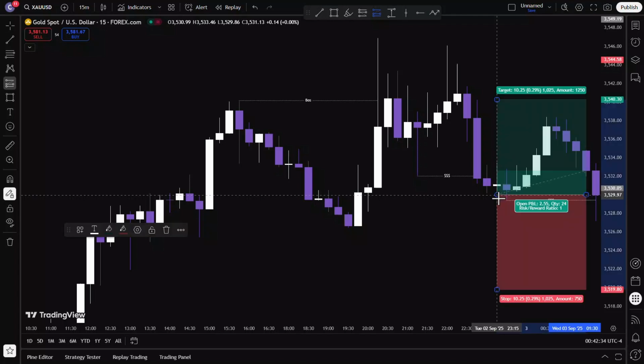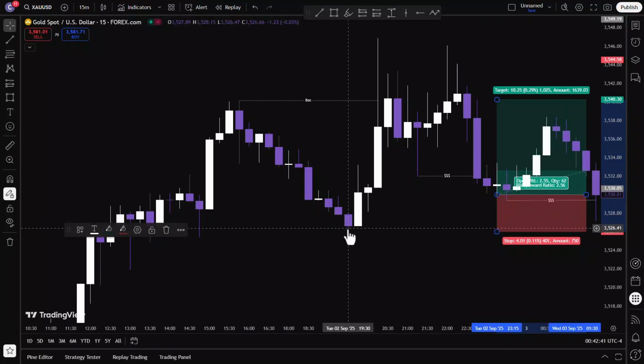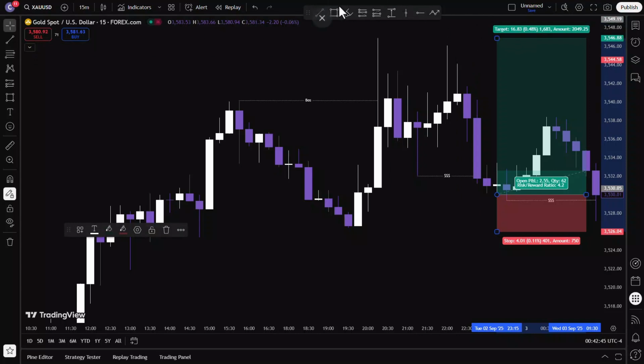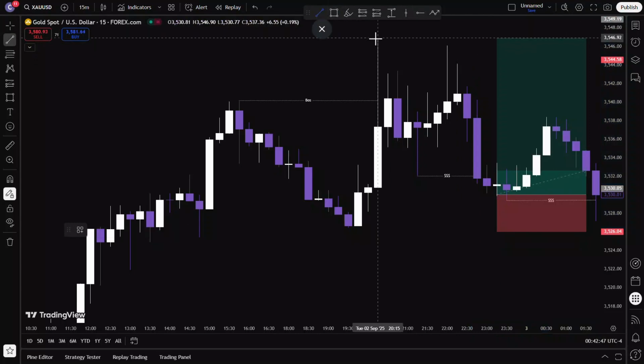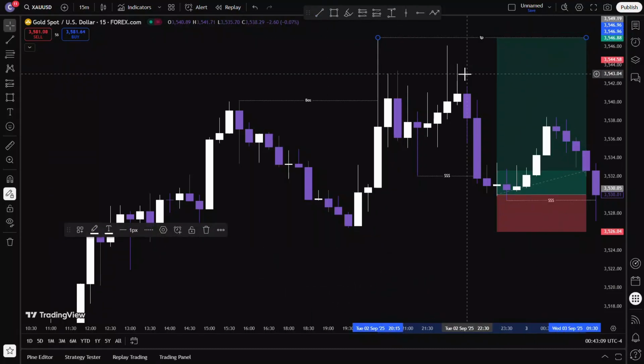So the entry is at the close of the pin bar candle, and the stop loss will be the recent low or below the shadow of this pin bar. So the take profit target is the high of the market. So let me mark the high of the market as our TP.